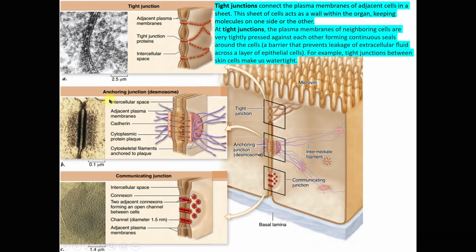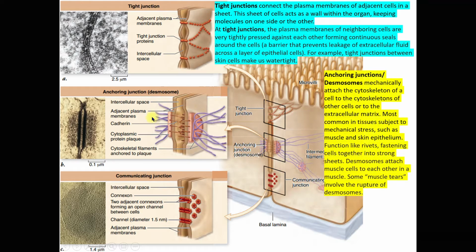Next, we have this anchoring junction or desmosome. Tengok structure desmosome ni macam mana. So these desmosomes mechanically attach the cytoskeleton of a cell to the cytoskeletons of other cells or to the extracellular matrix.